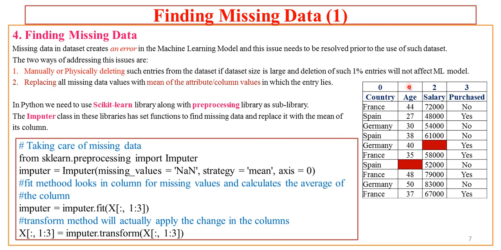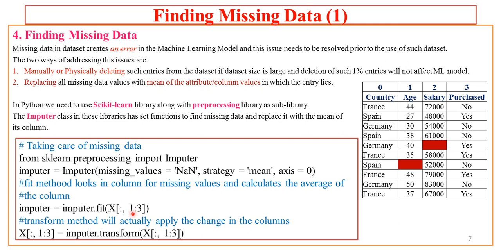There are only two columns, that is the column at index 1 and the column at index 2. So I have specified in the slicing that I want all rows. In the square brackets, we specify first the rows, then a comma, then the columns. So I have specified 1:3.